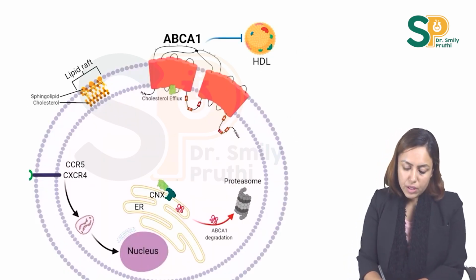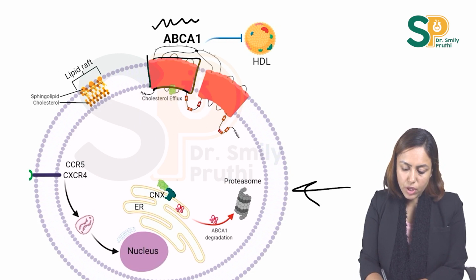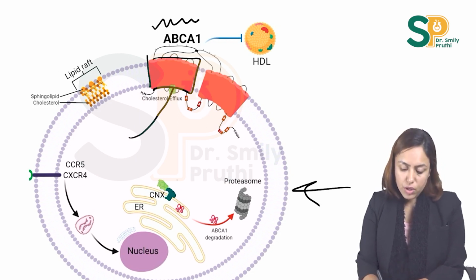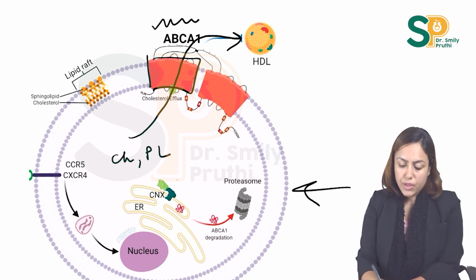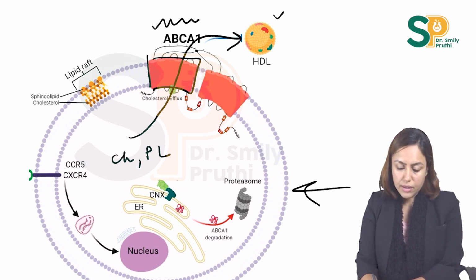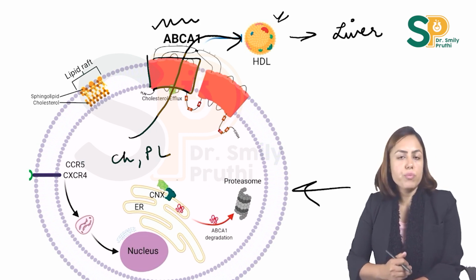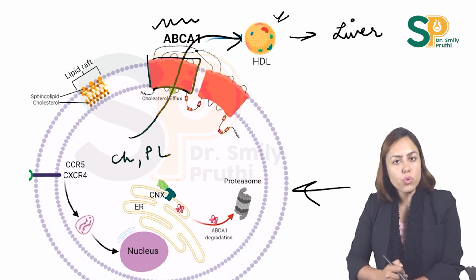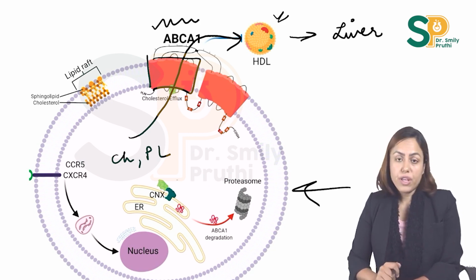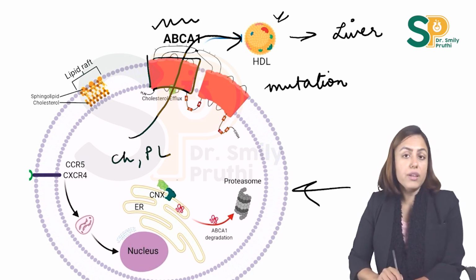Look here, this is a peripheral cell and this is the ABCA1 channel, right? Through this channel, cholesterol and phospholipids come out of the cell and are incorporated in HDL, and then HDL will take it to the liver. So this way the cholesterol and phospholipids of peripheral cells go to the liver, right? Now, if there is a mutation in this gene, what will happen?